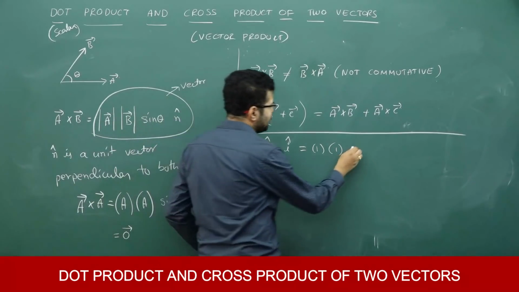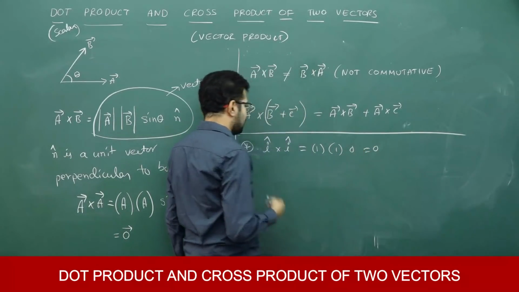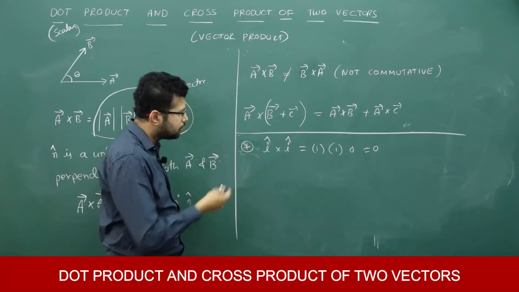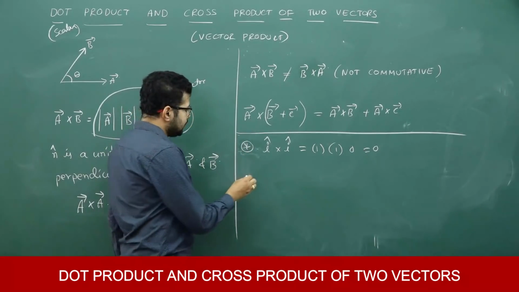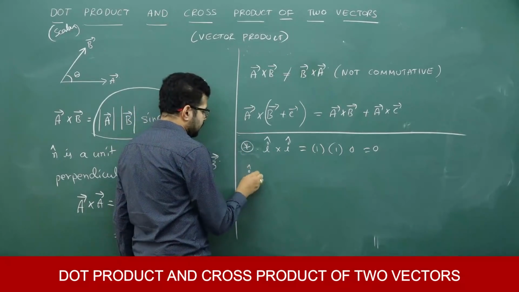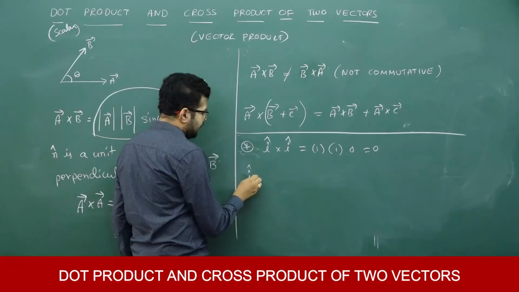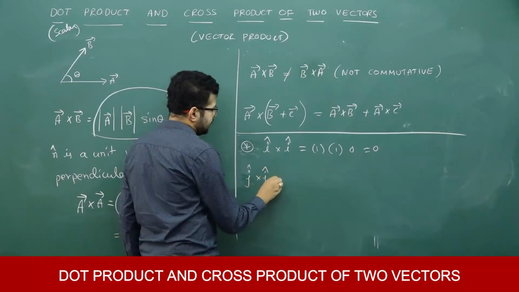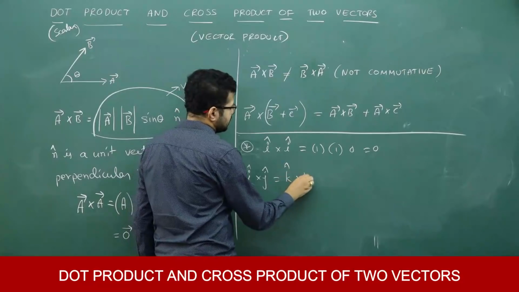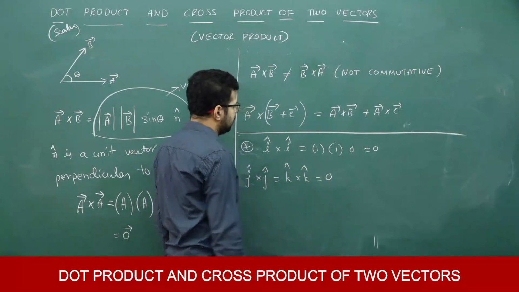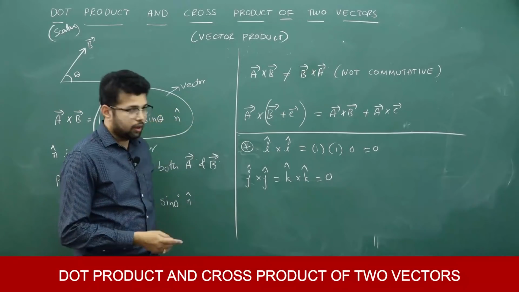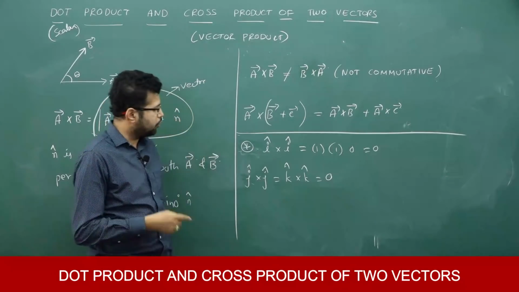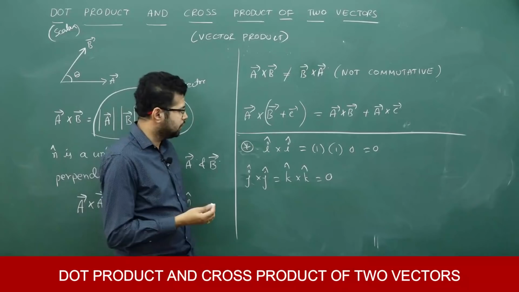Sin 0 is 0. So, I cap cross I cap is 0, or we can write it as a null vector also. Similarly, j cap cross j cap is equal to k cap cross k cap is equal to 0. I cross I equal to j cross j equal to k cross k is equal to 0.